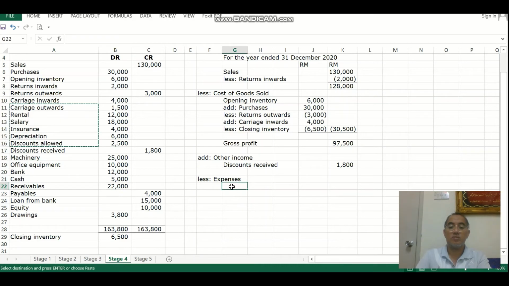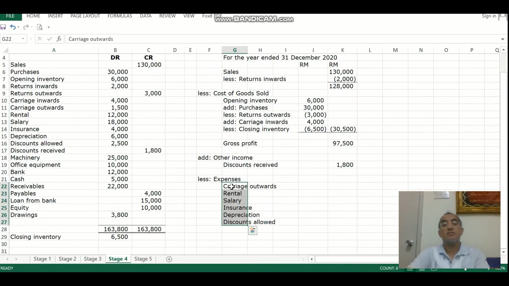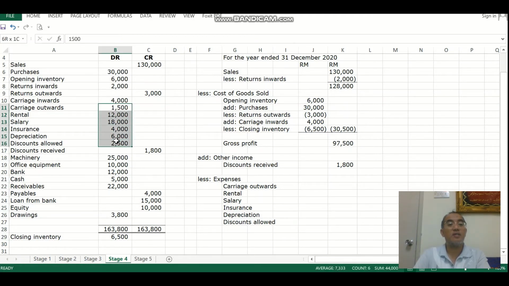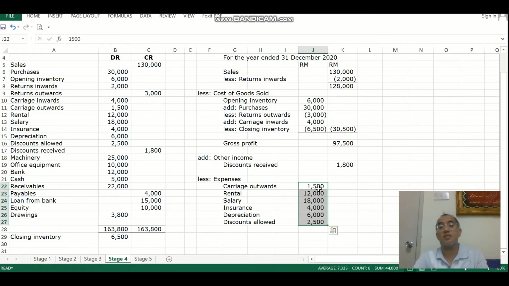So I just copy and paste because we don't need to waste time. Start from carriage outwards 1,005 and until discount allowed 2,500. So I just copy here and paste it over here. See, simple.